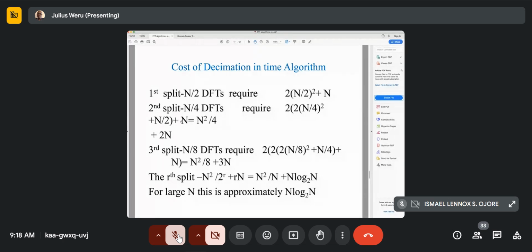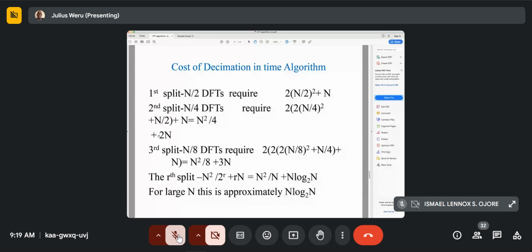If you work this out, again, I can't write, so you can do it by yourself. From here you're going to see that this simply becomes n squared over 4 plus 2n.